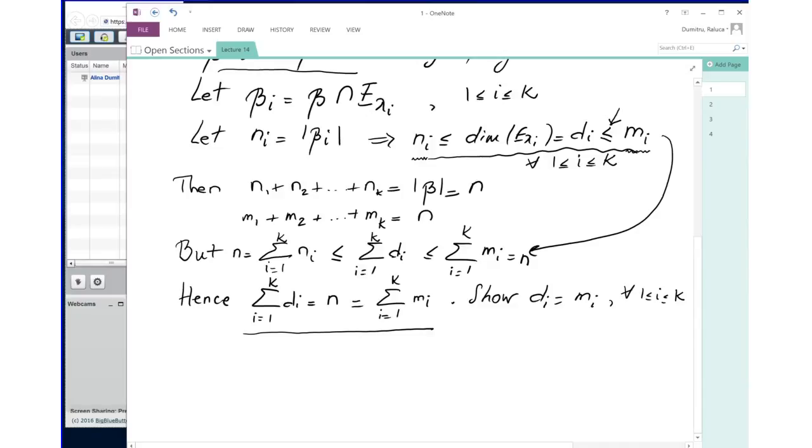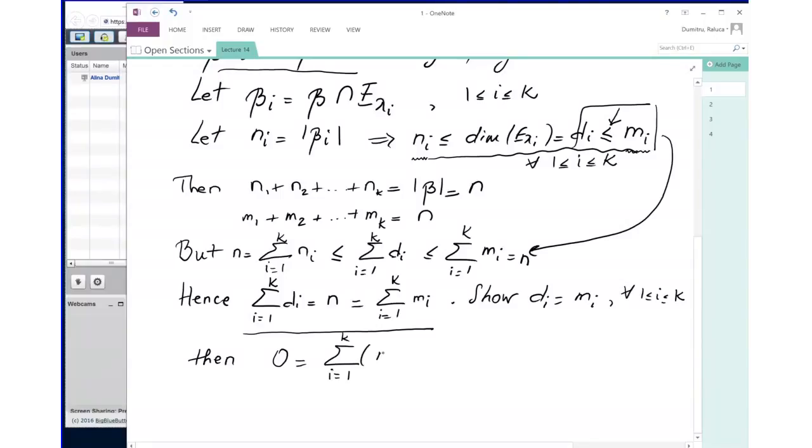If the sum of a set of numbers equals the sum of another set of numbers, it doesn't mean that they are equal individually. However, here, because we have this inequality, it's going to work out nicely in the following sense. If you subtract the sum of d_i from the sum of m_i, I'll get 0 for sure.